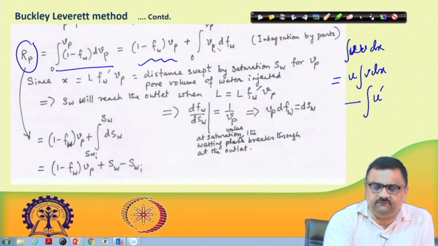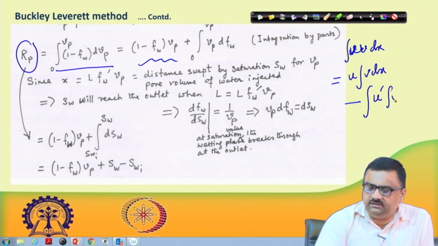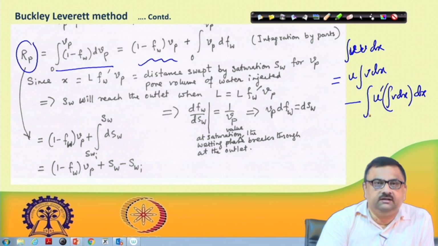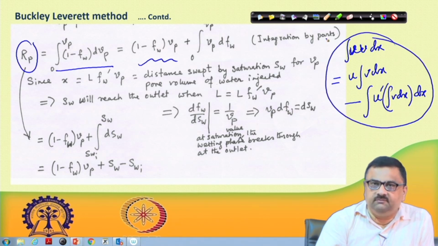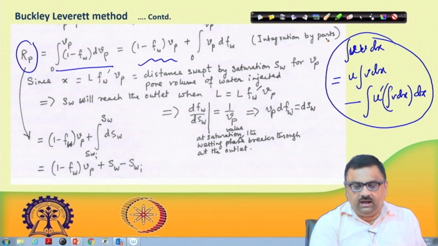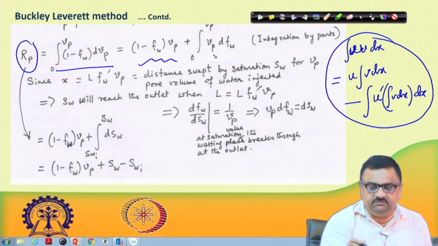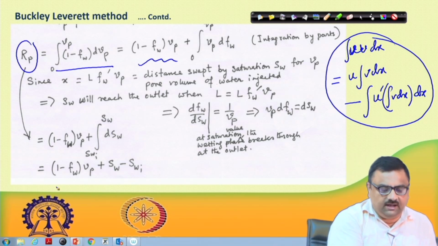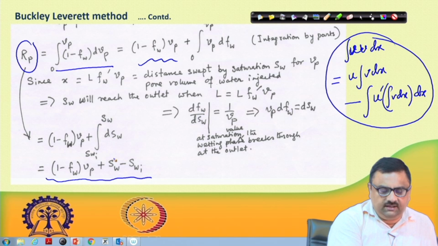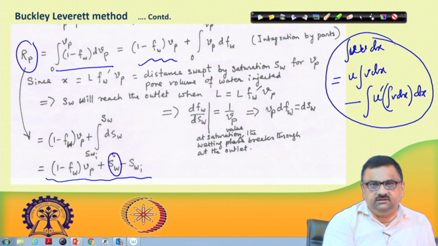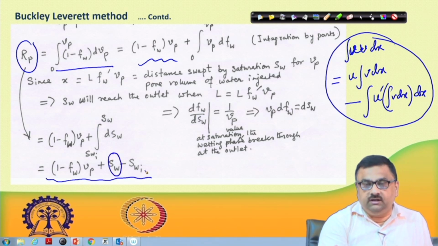So that is why we have minus dFw and the integration of v dx, this entire thing again integrated over dx. So, this was the equation for integration by parts that I mentioned in the last lecture, and this is what we had done here. So, we arrived at Rp equal to this quantity, where this Sw represents the saturation at the outlet.